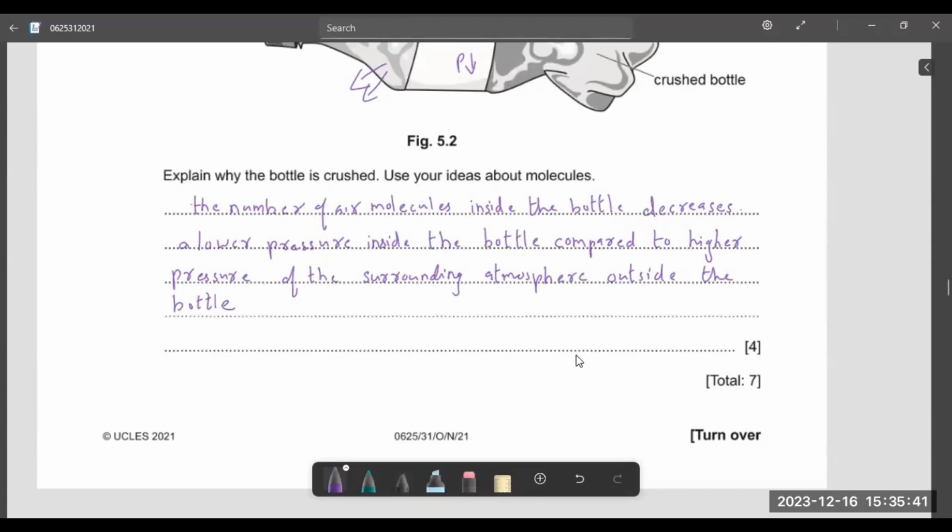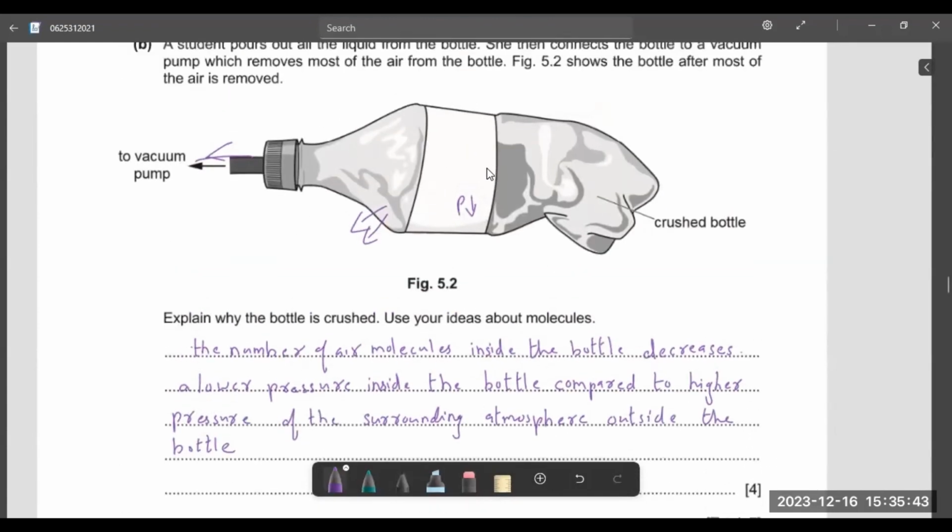So in the absence of enough air molecules inside the bottle to counteract the external pressure, the higher atmospheric pressure outside exerts a force on the walls of the bottle. So two forces are there. From inside one pressure is there, from outside one pressure is there.